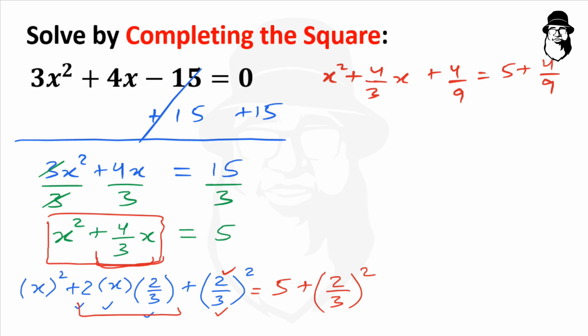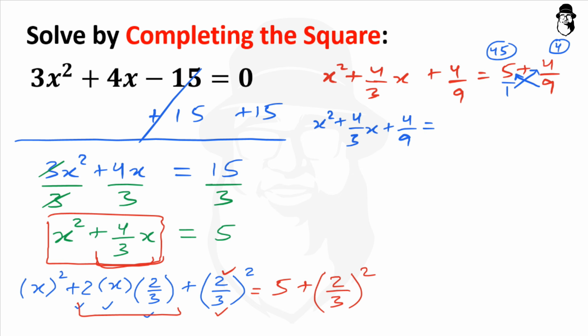Now on the left side we have x squared plus 4 over 3x plus 4 over 9, and let's do the butterfly method here. 9 times 5 is 45, plus 4 times 1 is 4. We add them. That's our numerator. 45 plus 4 is 49. And for the denominator, we multiply these denominators. 1 times 9 is 9.